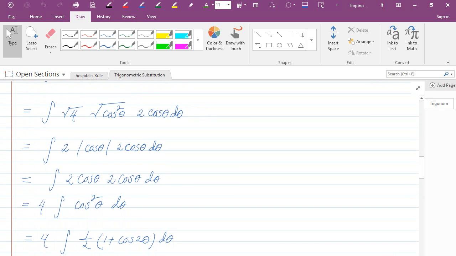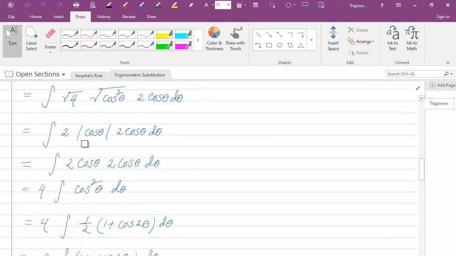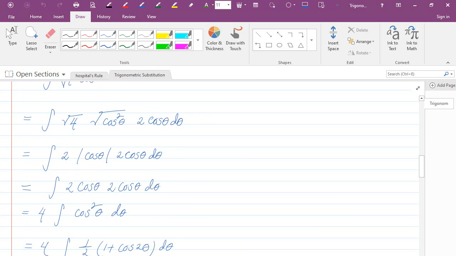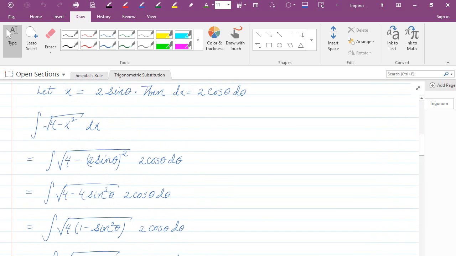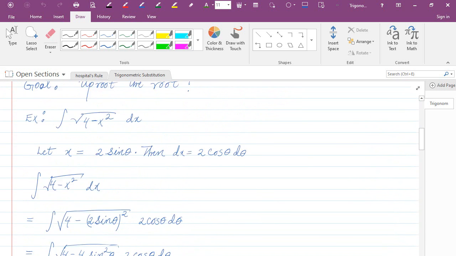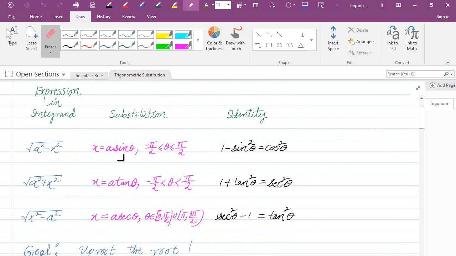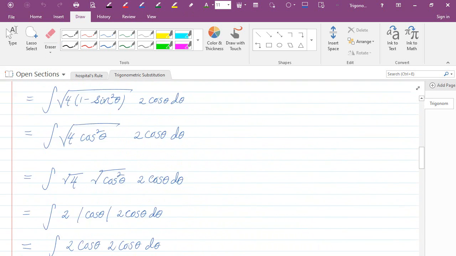Now root of 4 is 2, and the root of cosine squared of theta is the absolute value of cosine theta. We still have the 2 cosine theta d theta here, and the absolute value of cosine theta is the same as cosine theta because of the restriction. When we make this sine substitution, we are assuming theta is in the first or the fourth quadrant, where cosine is positive.